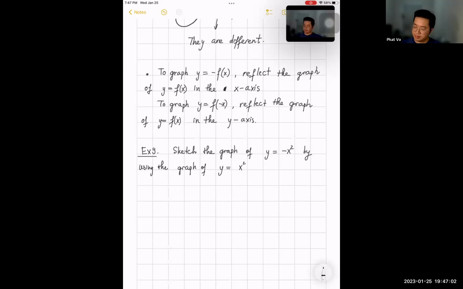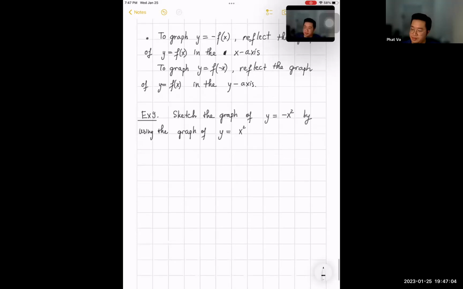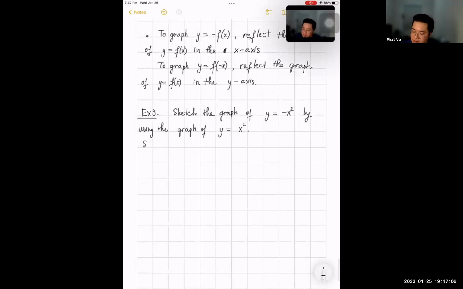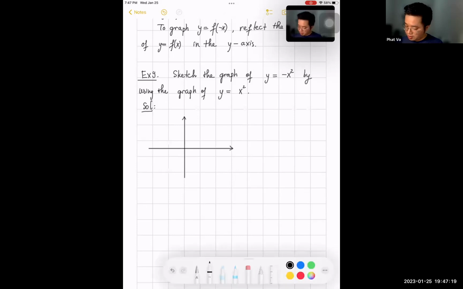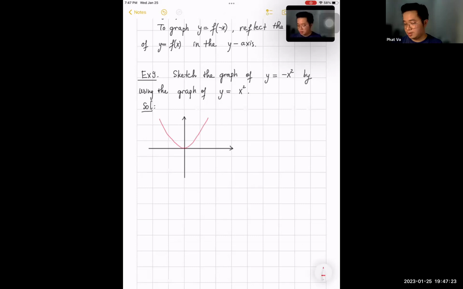Solution. The first thing, I will graph the function y equals x squared. I will use the red color.